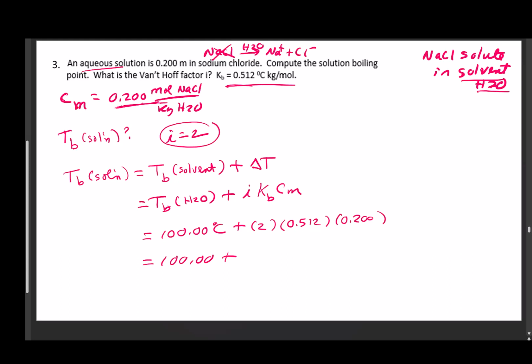Two times 0.512 times 0.2, 0.205. We have 3 sig figs in these numbers here, so if we wanted to be exact, this would be our answer here.